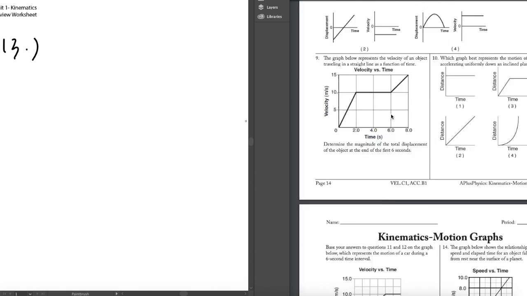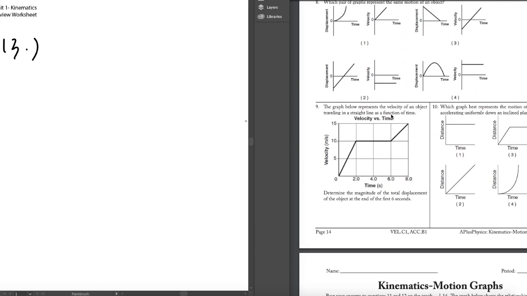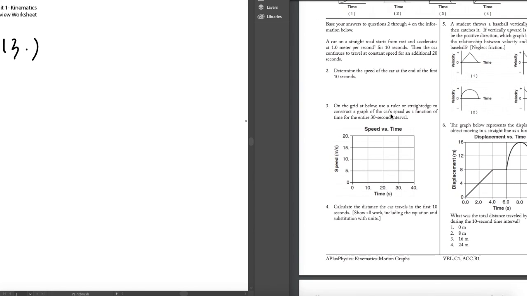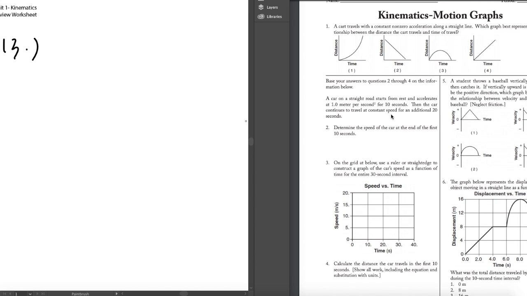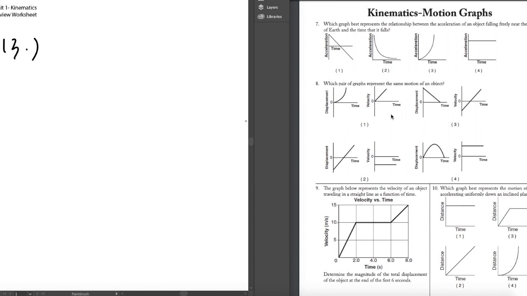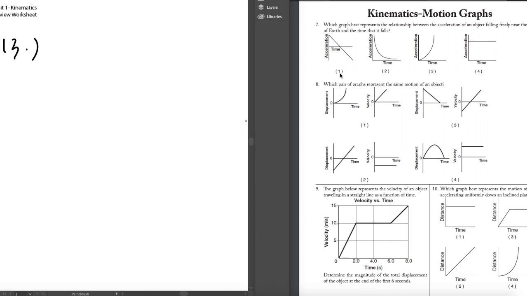We totally did this problem already, didn't we? Did we? No, we didn't. Oh, you know what? We did 7. Shoot. Oh, wait, no.